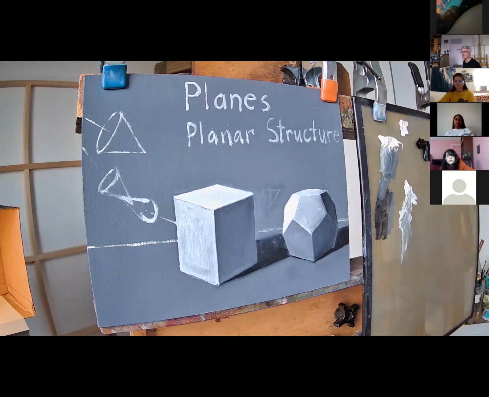What about reflected light? Like, what happens with reflected light? Does anyone remember? Like, how would reflected light change what we've blocked in on this painting?